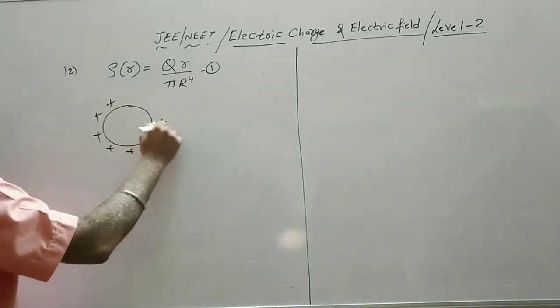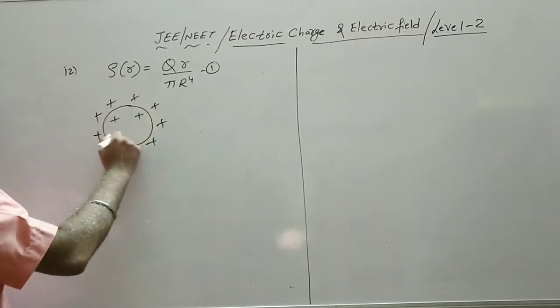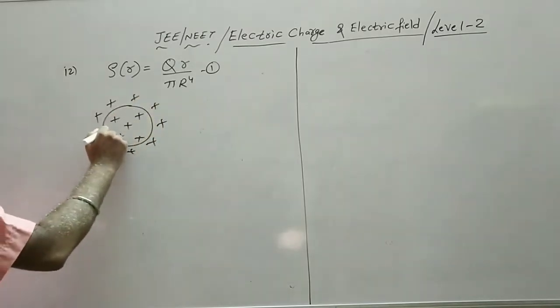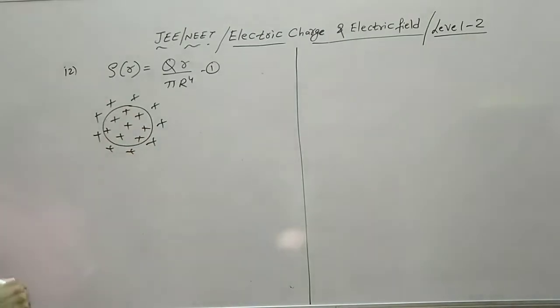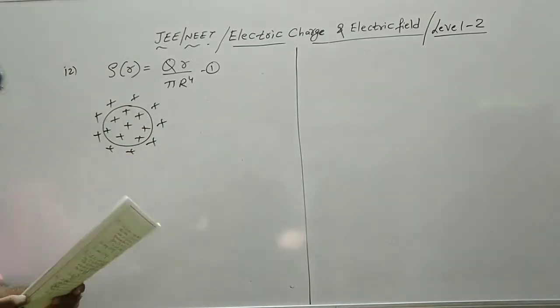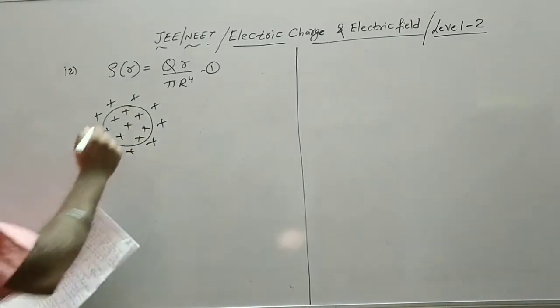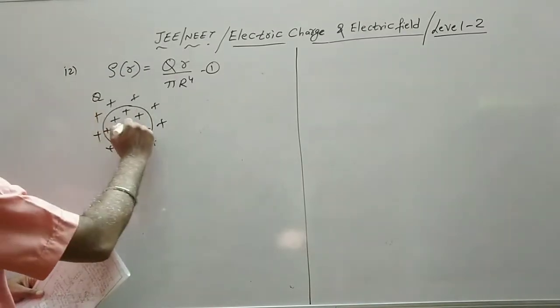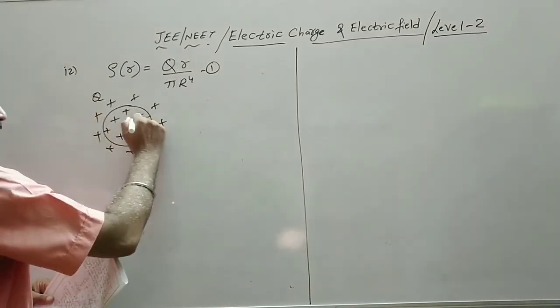It is a non-conducting sphere. For a conducting sphere, we know it is similar to a spherical shell. The electric field intensity is 0 inside that. The total amount of charge is Q, and the radius is capital R.